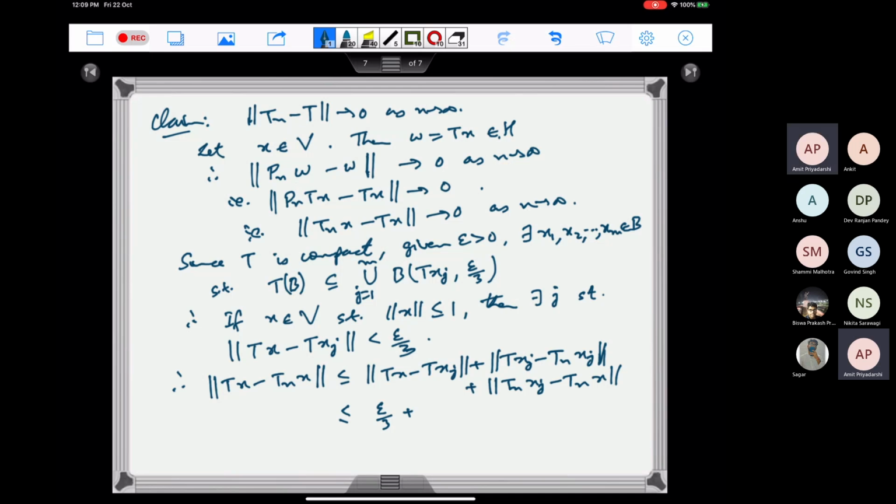Yeah, we know that Tn of x minus Tx goes to 0. And then we have Tn of xj minus Tn of x.